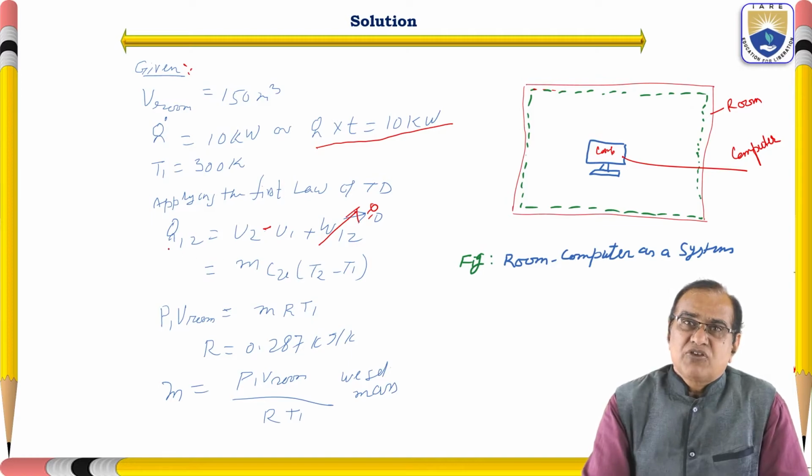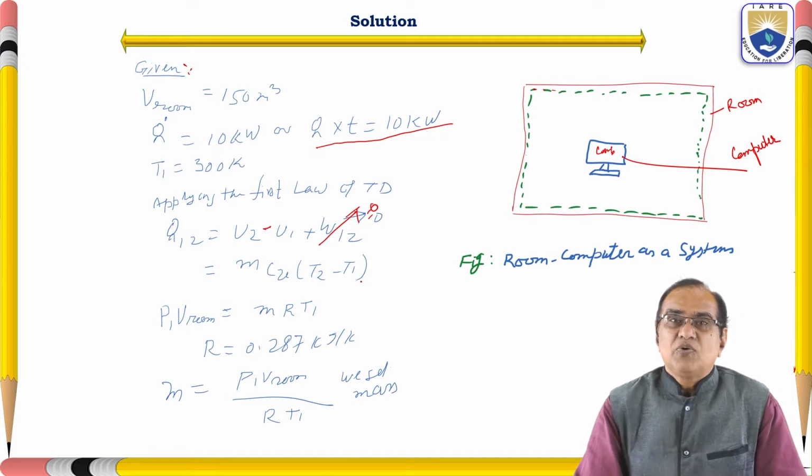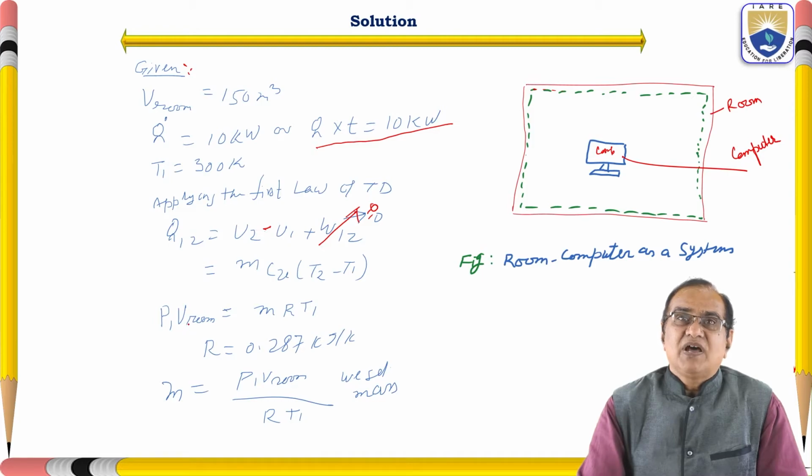So now this Q12 is equal to m Cv (T2 minus T1). So here we know that P1 V1, or P1 into V room, is equal to m R T1. So from here we know that R is equal to 0.287 kilojoule per kg Kelvin. So here we can find out the mass. Mass is equal to P1 V1 by R T1.